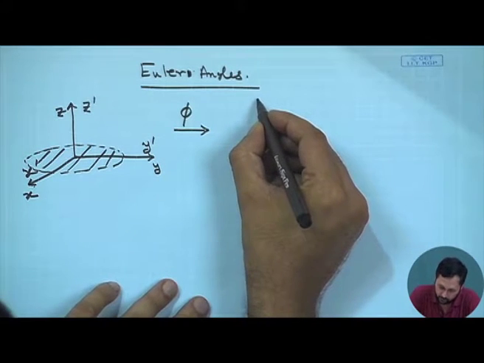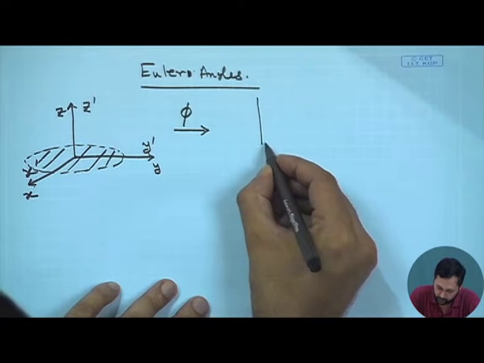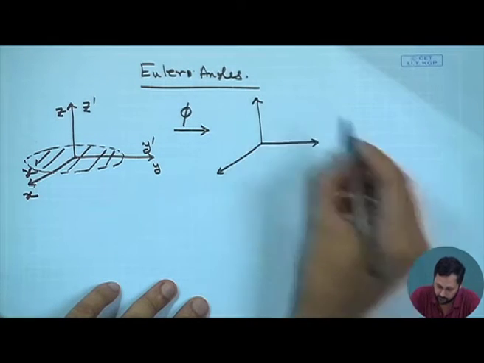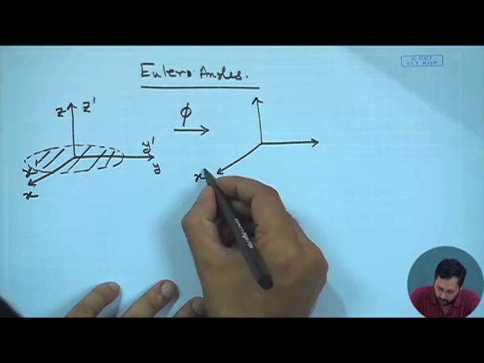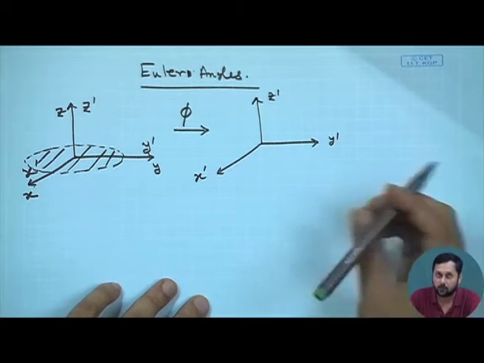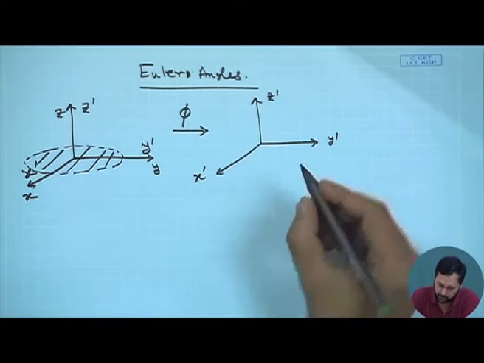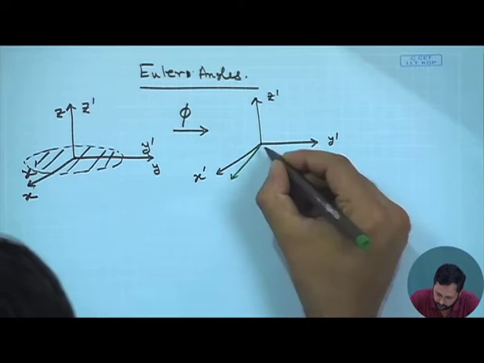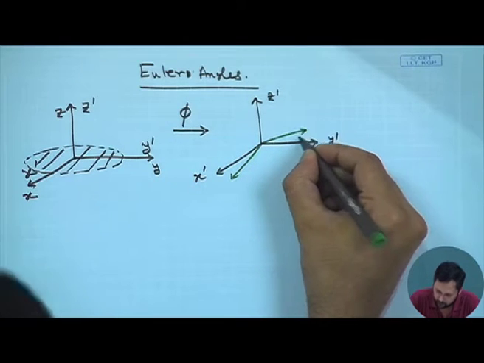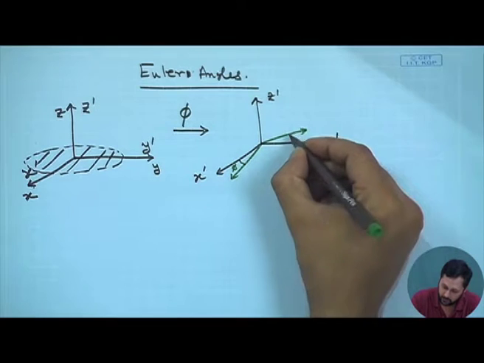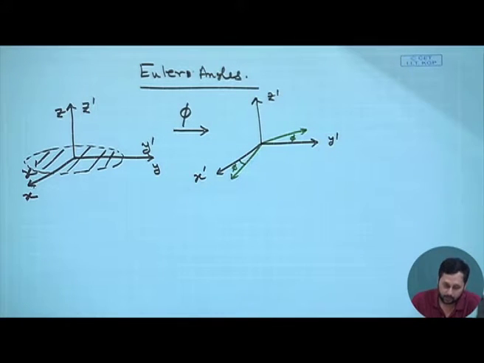Let us draw, at first, this is the x prime, y prime, z prime. For the new set of axes, this is phi, this is phi, right.